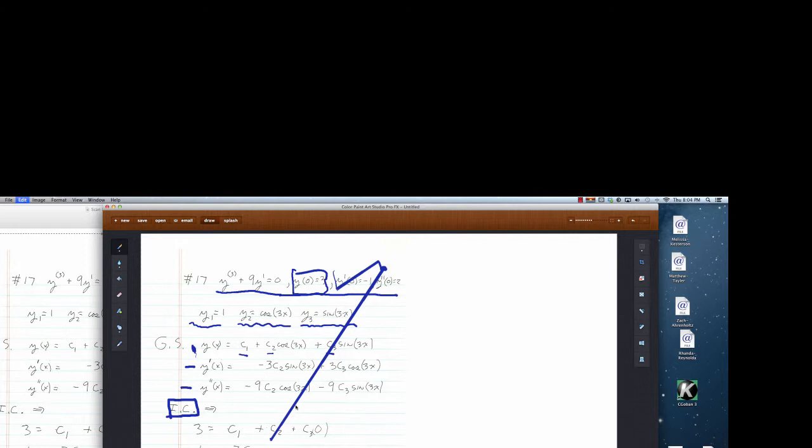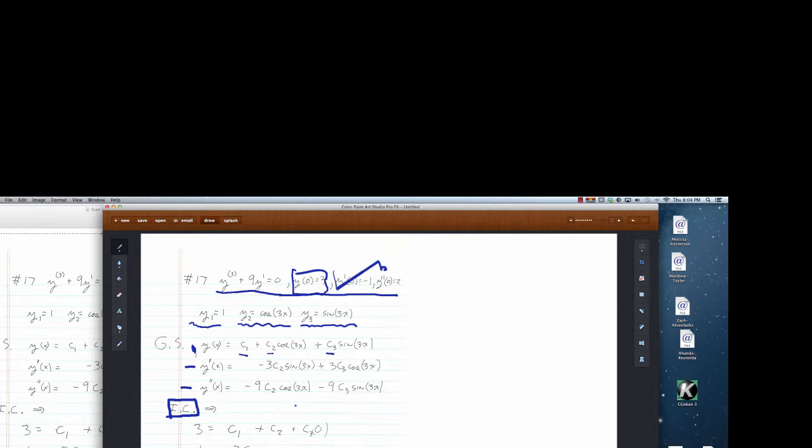Okay, moving along here. We also get the second equation and the third equation. Using elementary techniques for solving systems of equations, we see that the coefficients are C2 equal to minus 2/9 and C3 equal to minus 1/3.